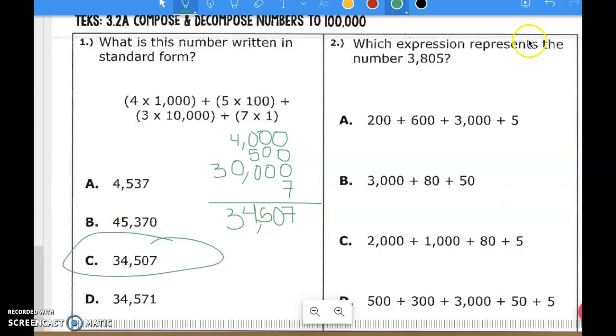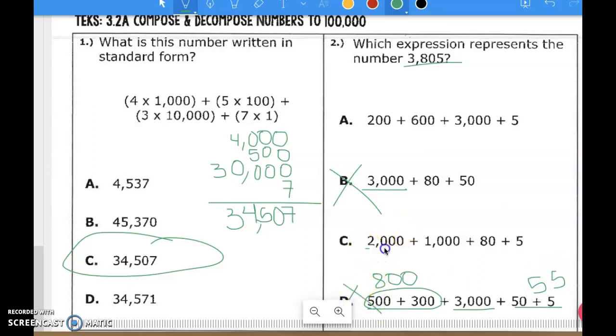Do we have 34,507? Which expression represents the number 3,805? 3,000, not 800. Wrong. Let's see. 3,000. This could be 800, right? 3,800. But it has 55. And no, I don't need 55. Oh no, this is wrong.